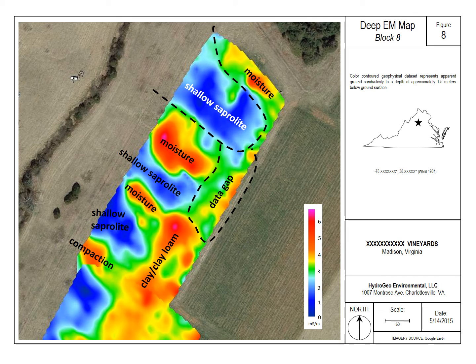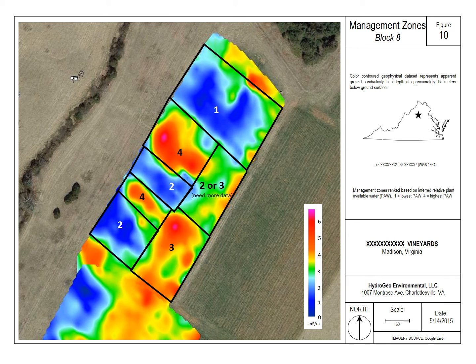Here's another example of a highly variable survey. And what we did was we created different management zones that we actually ranked based on plant available water. Now, obviously, the soil variability doesn't follow perfectly straight lines. That would be nice because our vineyard rows are perfectly straight lines.